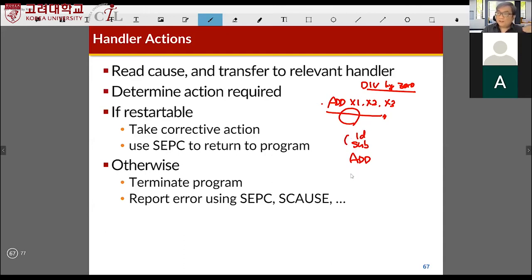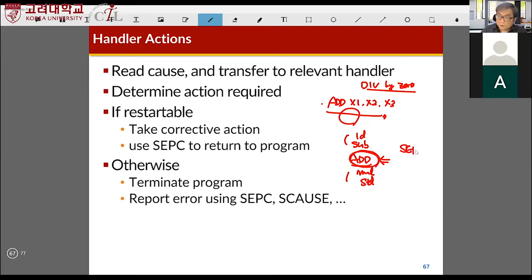Also, we can find the following instructions like mul and store sd. So the exception is caused by this instruction. Then how does the processor handle this exception?